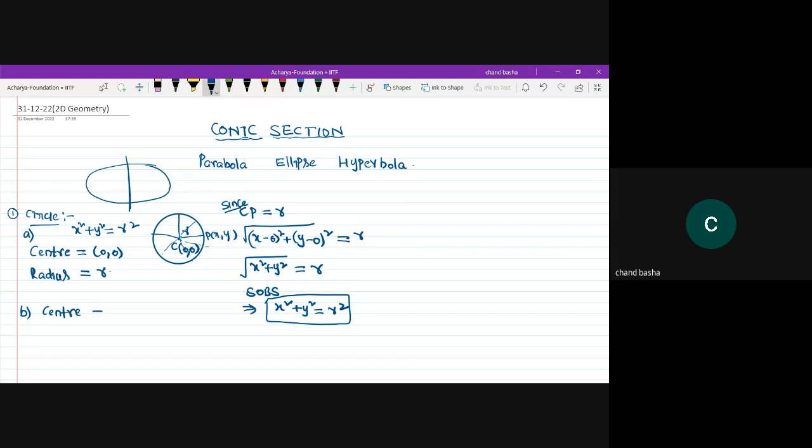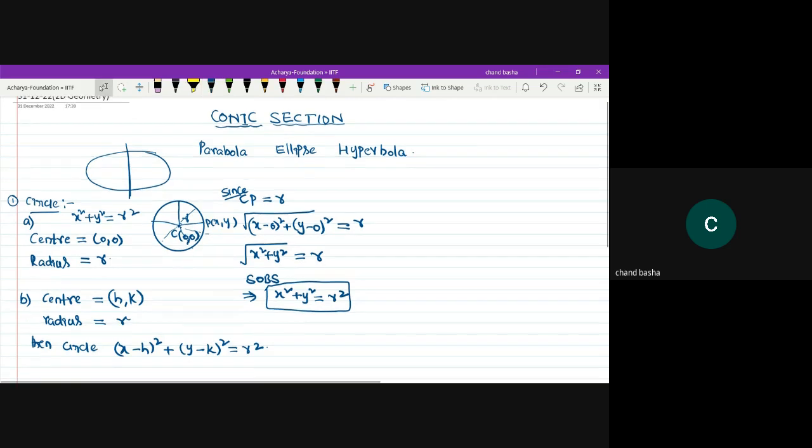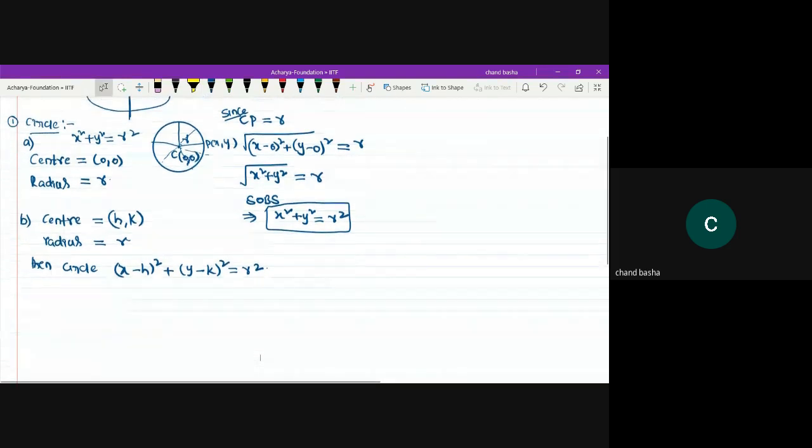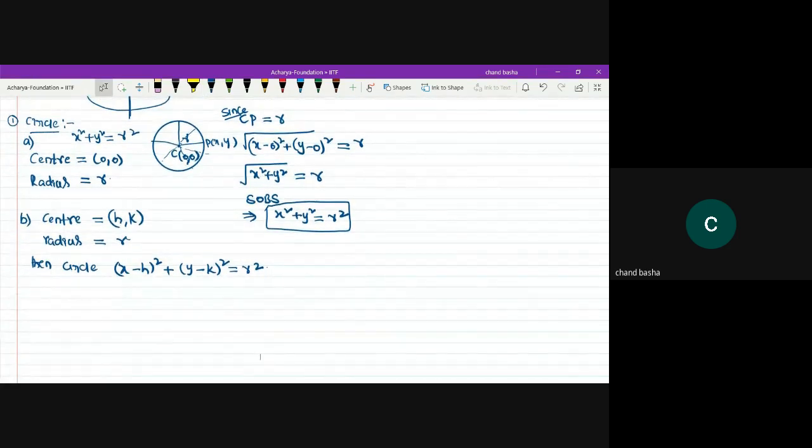Then the circle equation is, with the same distance formula, x minus h whole square plus y minus k whole square is equal to r square. Clear? This is the second point to be remembered when we are discussing the circle equation.